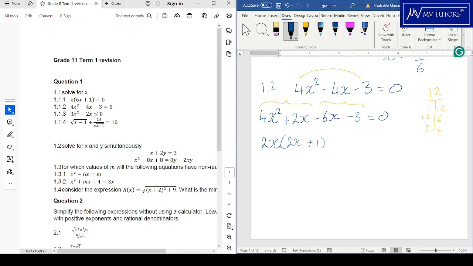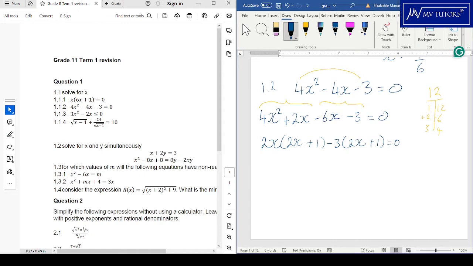Now, factorizing this one, take out the common factor of -3, and then inside the bracket, to get -6x, I need to multiply -3 with 2x. And then to get -3, now watch out for the signs, I need to multiply -3 with a plus 1. Just like that, equals 0.